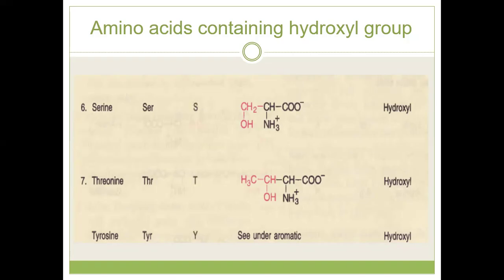Tyrosine contains the basic groups, which are the carboxyl group, the amino group, the hydrogen, all attached to the alpha carbon. And then you have an aromatic ring. On that aromatic ring, you have a hydroxyl group attached to it.